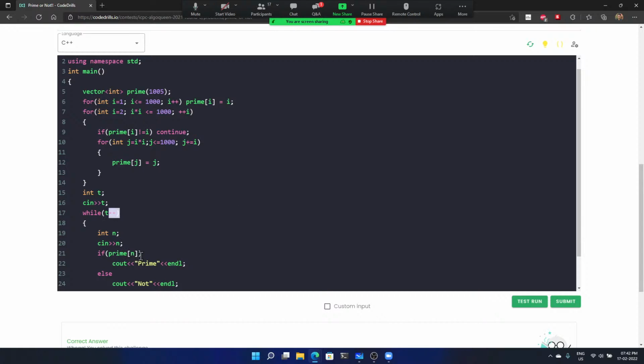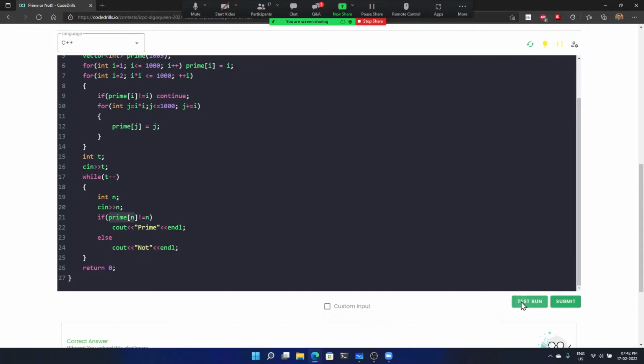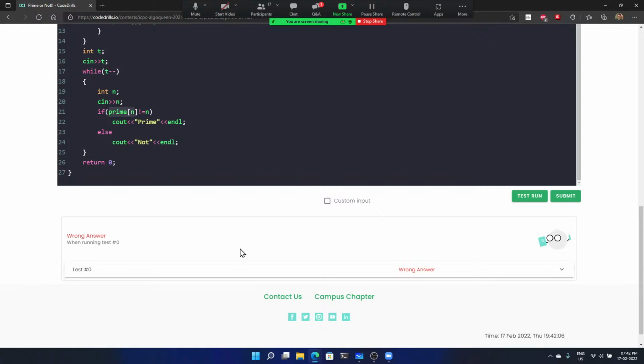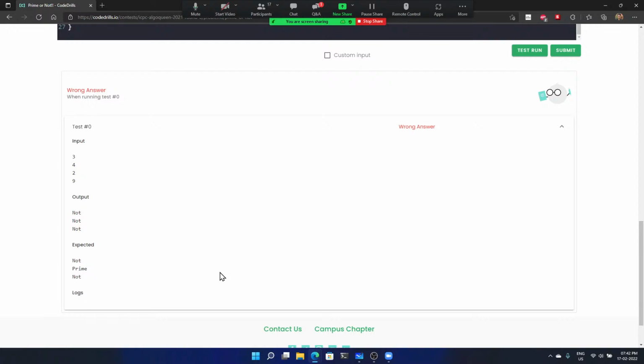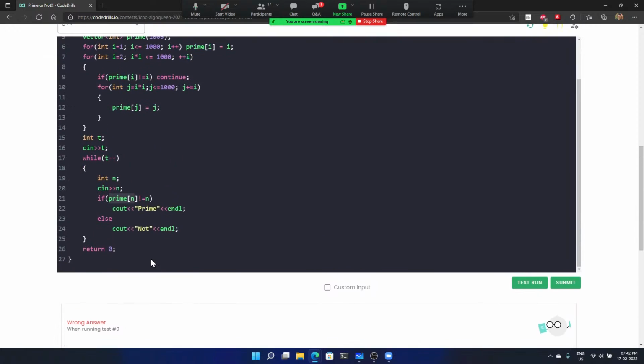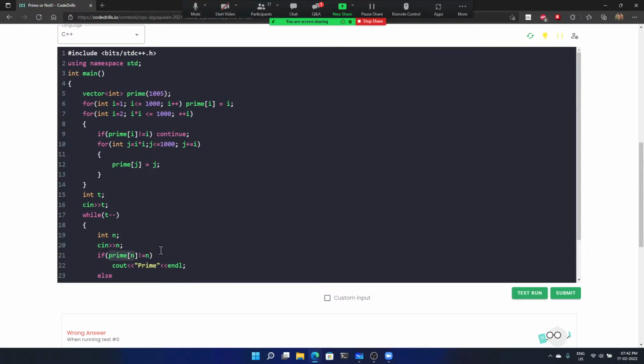Here also the prime check would change. It would be if prime of n is equal to n. Let me test this. Okay, it gave me a wrong answer. Let's see where I went wrong.